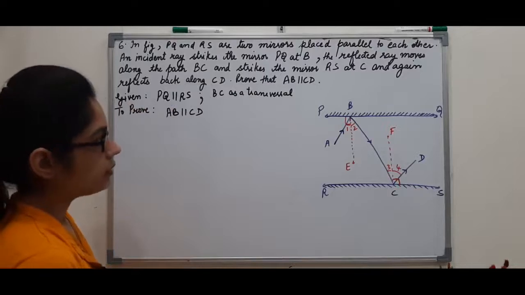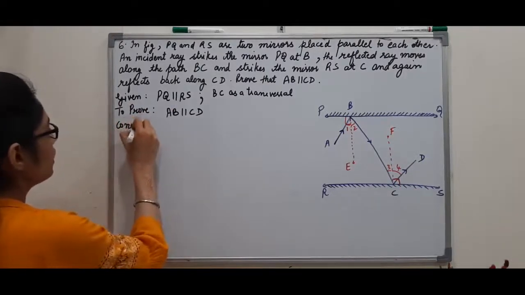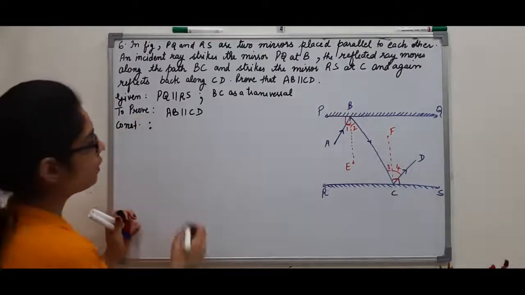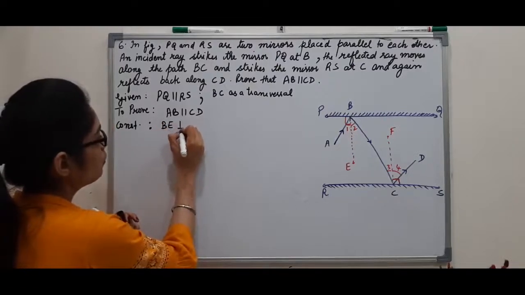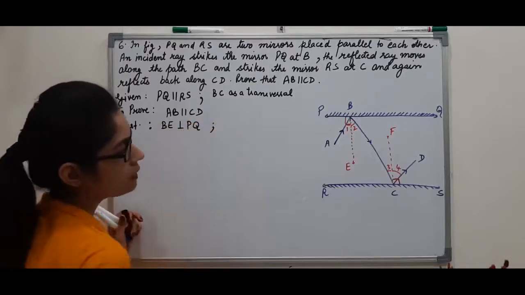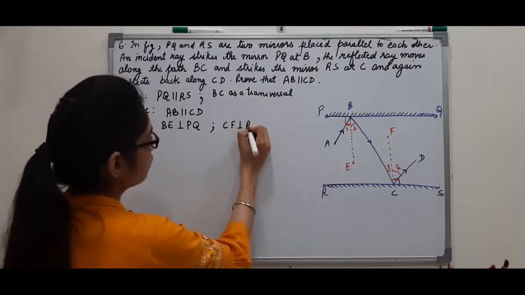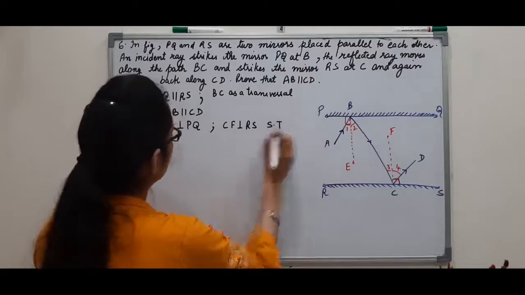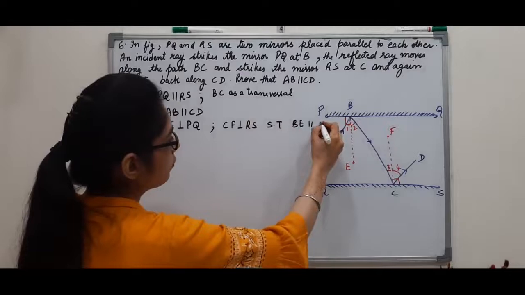So in construction we can write, because whenever we are doing any construction we have to add this point also. So we can mention BE perpendicular to PQ and CF perpendicular to RS, such that BE is parallel to CF.